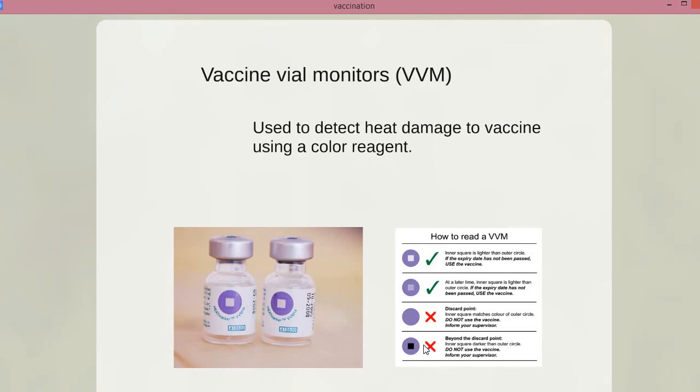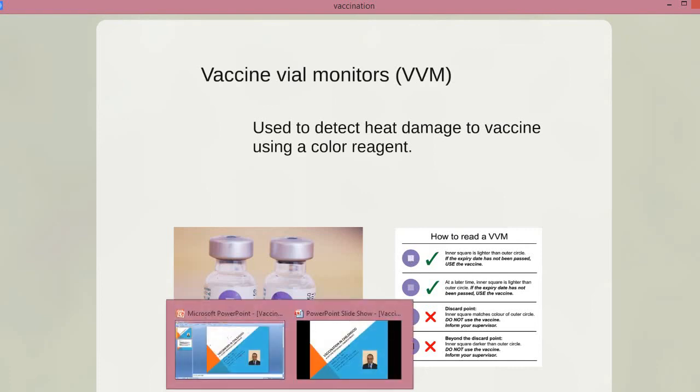If the inner square is darker than the outside circle, again we should not use the vaccine. So the only situation where I use the vaccine, which indicates to us that the cold chain has been properly maintained, is that the vaccine has not gone beyond the expiry date and the inner square of the vaccine vial monitor is paler than the outer circle.